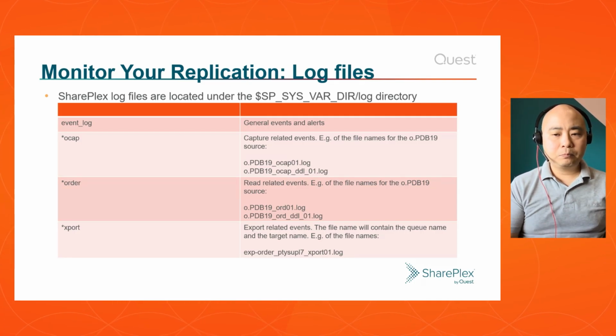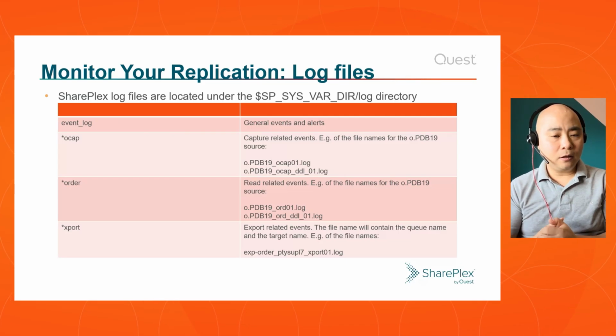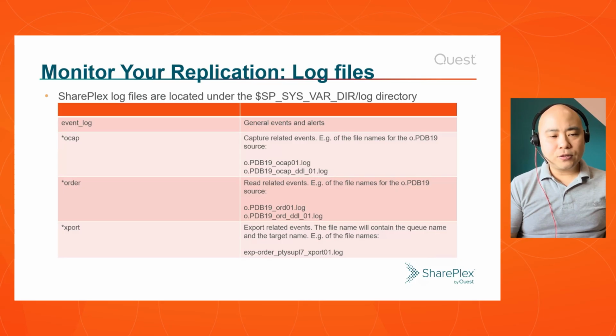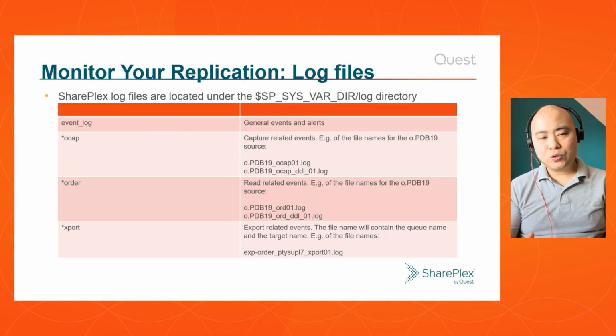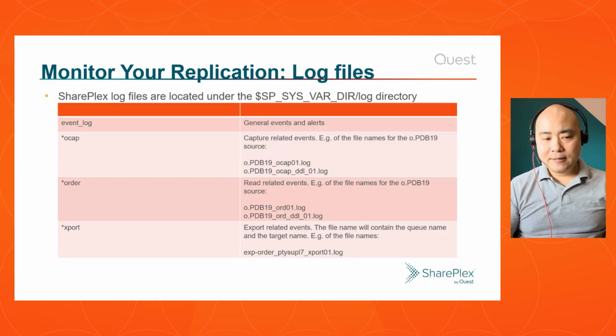For capture, read, and post processes, there will also be a DDL log, where, if we are capturing any DDLs, the events for those particular DDLs will be logged. For read, we will have the same.